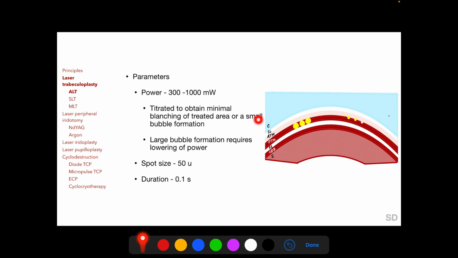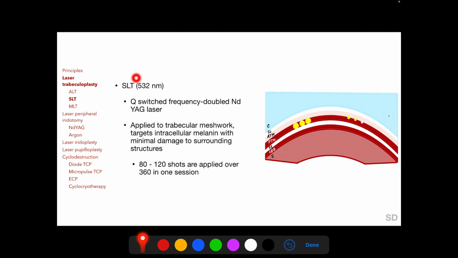a small bubble formation. In selective laser trabeculoplasty, a frequency doubled Nd:YAG laser is used, emitting laser of wavelength 532 nanometers, and the laser is applied to the trabecular meshwork as shown here in this diagram. And the laser is called selective because it targets only intracellular melanin with minimal damage to the surrounding structures.